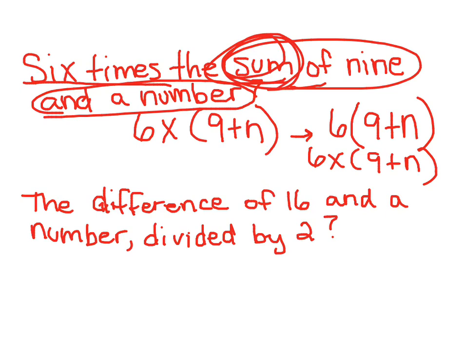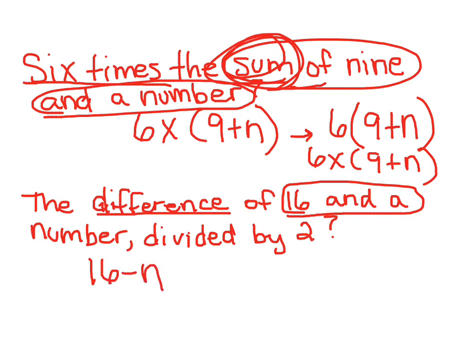Okay? The difference of 16 and a number divided by 2. Difference means to do subtraction. The difference of 16 and a number, that means 16 minus n. And then it says divided by 2. So in this case, you don't put the division sign and then 2.